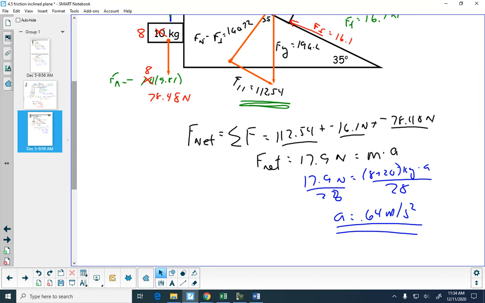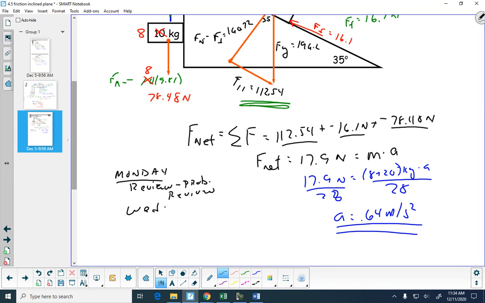So Monday will be a little bit of a review of some types of problems. Here, this is what we'll do. Monday, we will review some problems and have a review. Wednesday, we will have a quiz over friction.